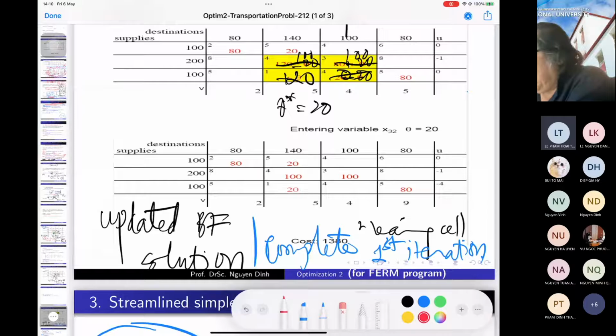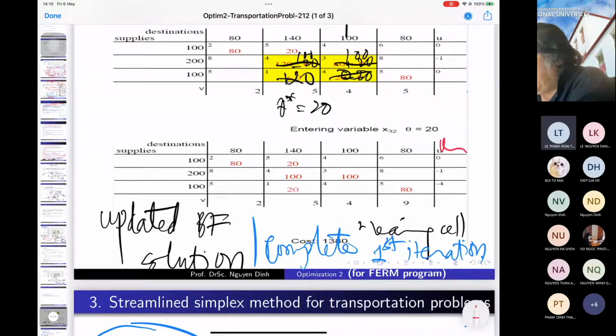Here, that is U. U1 is 0. And from here you have that is 2.